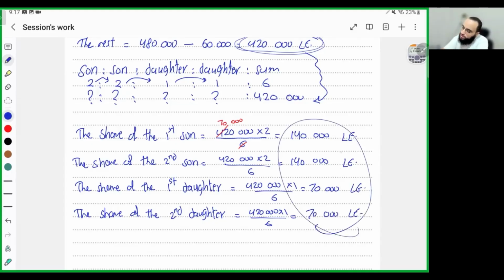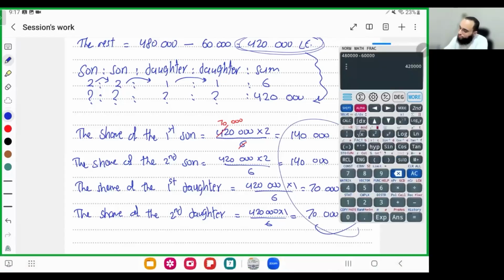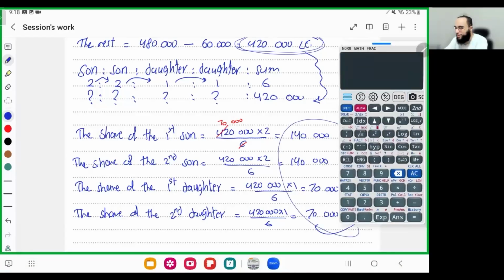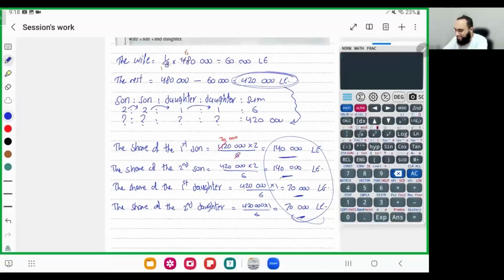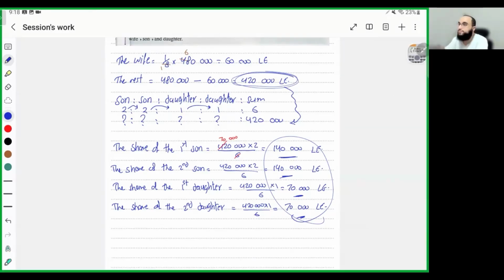Add them together, it's going to be 420,000. Right now we fixed the mistake of last time. I wrote each one alone, so as not to repeat the same mistake. Yes, it's correct.